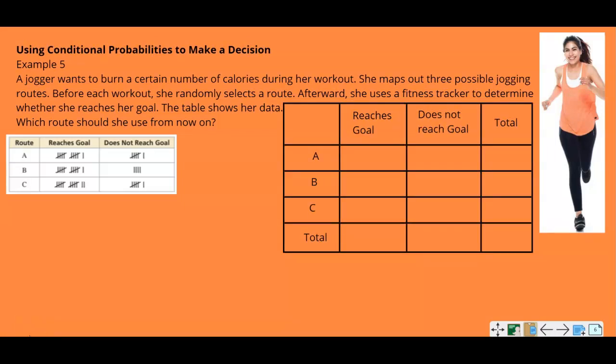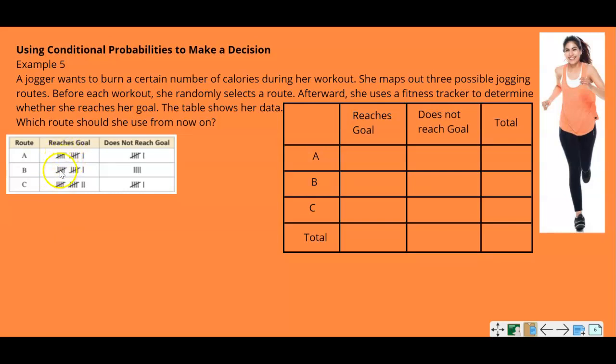All right, if you remember, the joint and marginal relative frequencies is the ratio of the part out of the whole amount. So the first thing we need to do is quickly see how many times this jogger has recorded whether she's met her goal or not. Each of these would be 5.